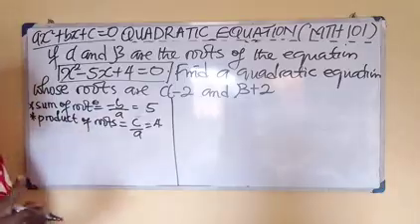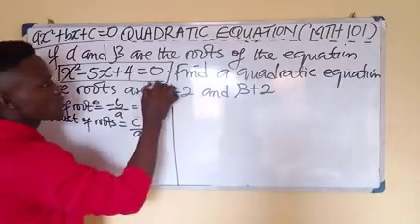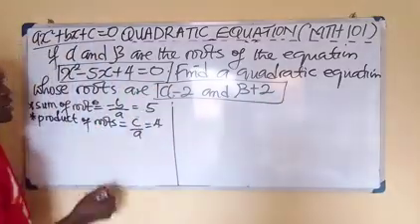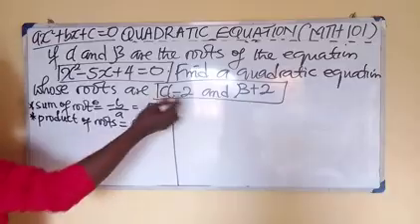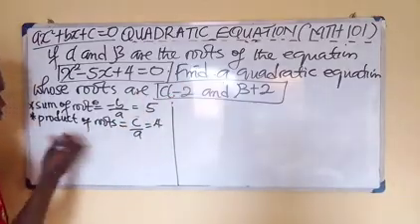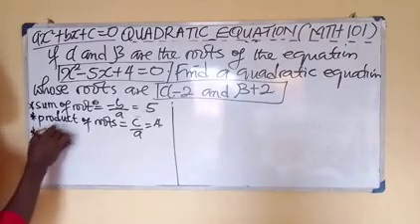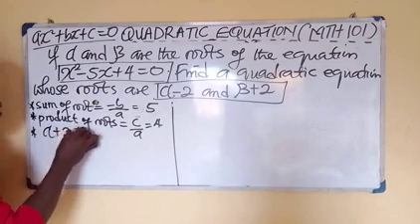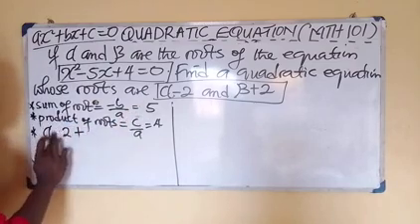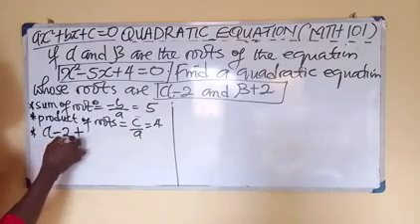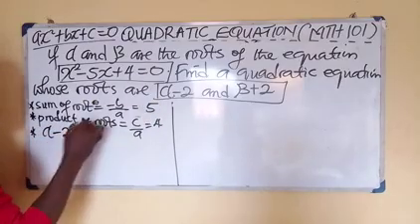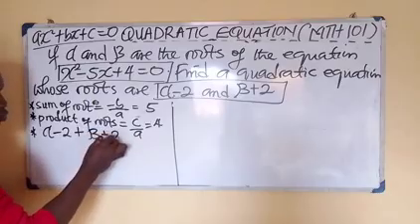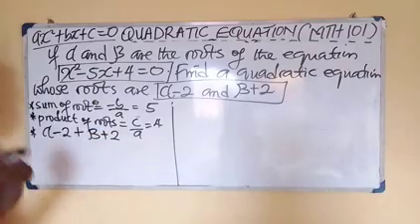The next thing to do is to focus on the roots given. First, you look for the sum of these roots, then their product. The sum becomes alpha minus 2 plus beta plus 2.